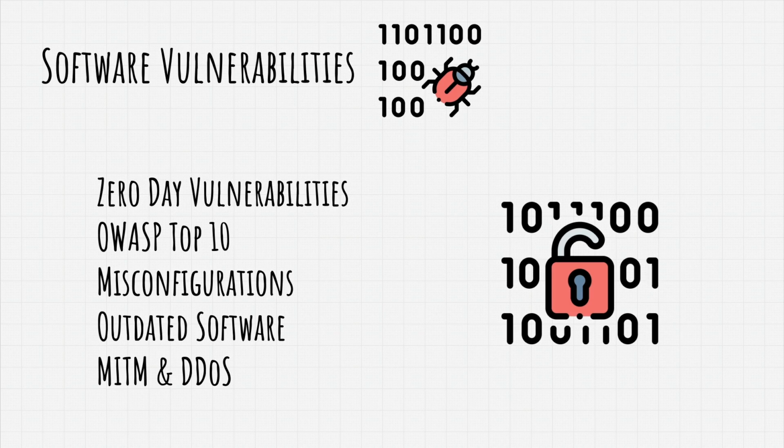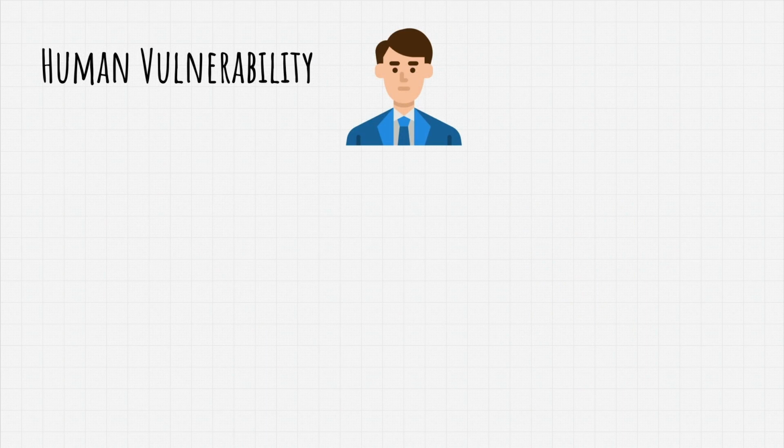The more common set of vulnerabilities is something I like to call human vulnerabilities. This is the number one problem on the internet, since most people aren't educated enough to know what they should and shouldn't do on the internet.